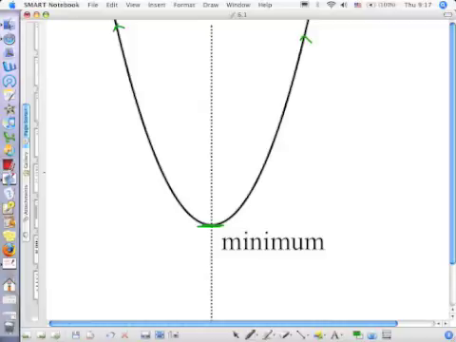So on the one we just did, when we were at -7, the minimum of that function was -7. So the vertex and the minimum is the same thing? The y-coordinate of the vertex and the minimum is the same thing, because the y-coordinate is what you get when you plug into this function.